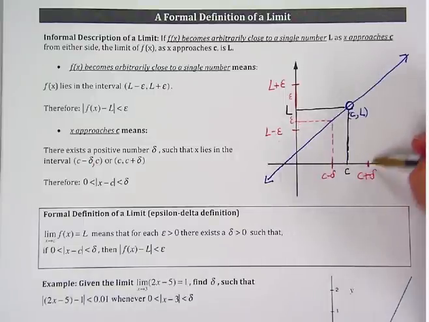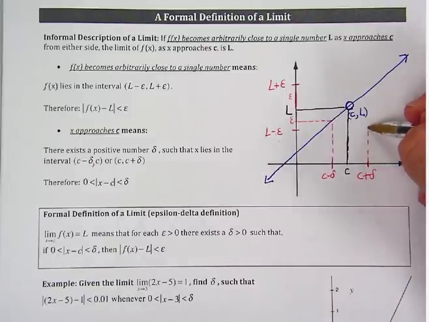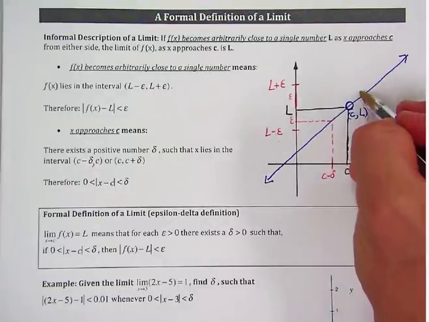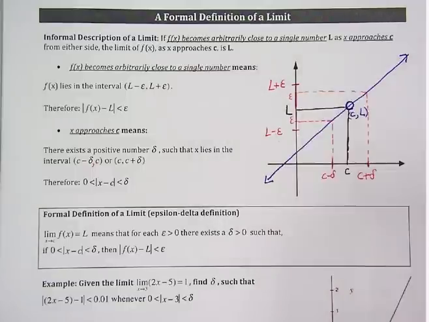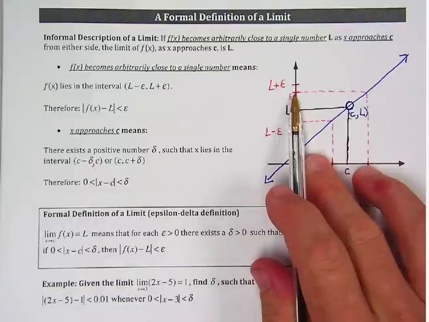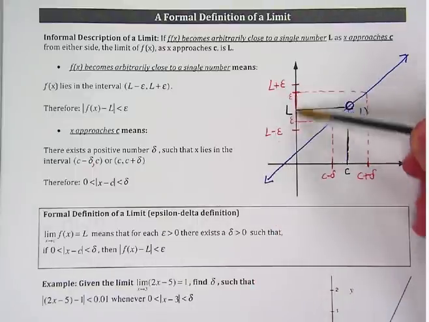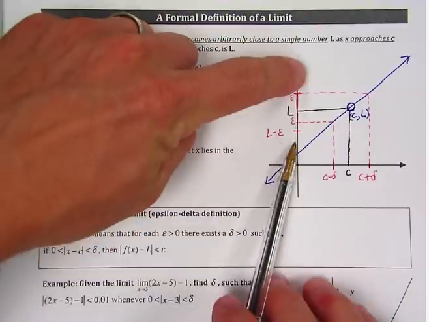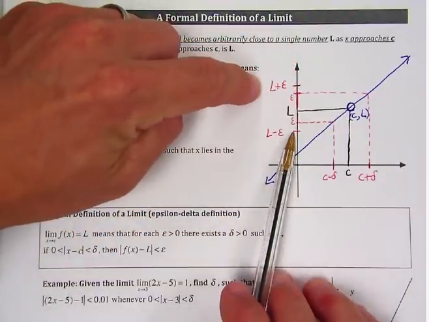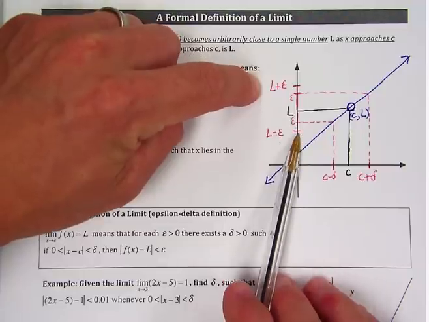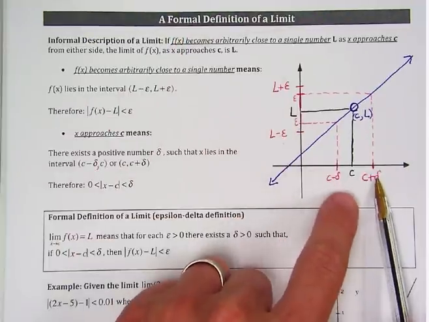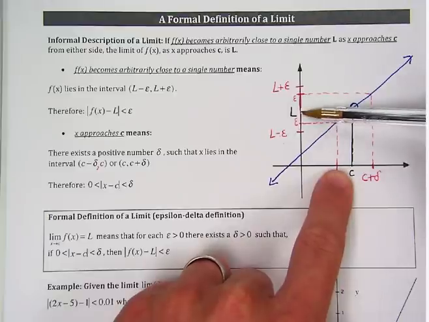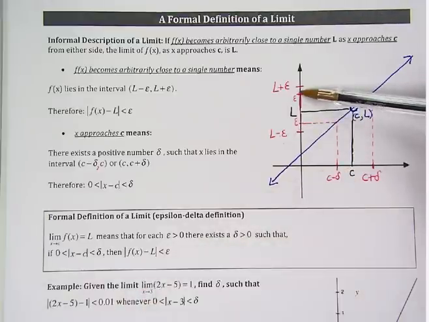Likewise, if we map c plus delta, so delta above c, up to our function, and then we map it back over to the y-axis, that value of f of x will also fall in that range.